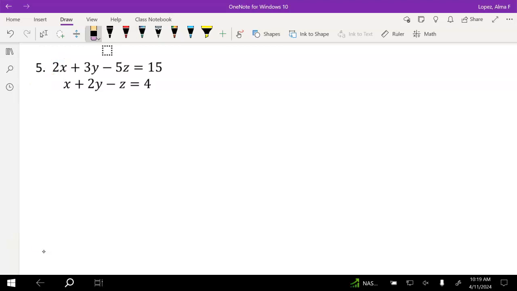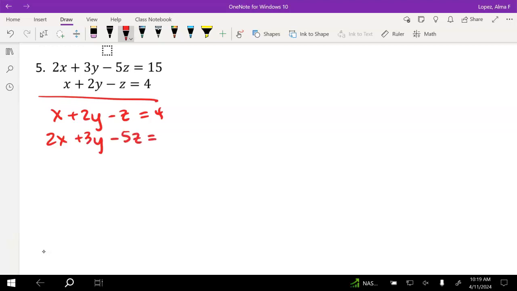And actually, let me behave and do it in the right order. I'm going to rewrite x plus 2y minus z is 4, and 2x plus 3y minus 5z is equal to 15. Now I'm going to use that first equation as a pivot to eliminate the 2x in the second row.